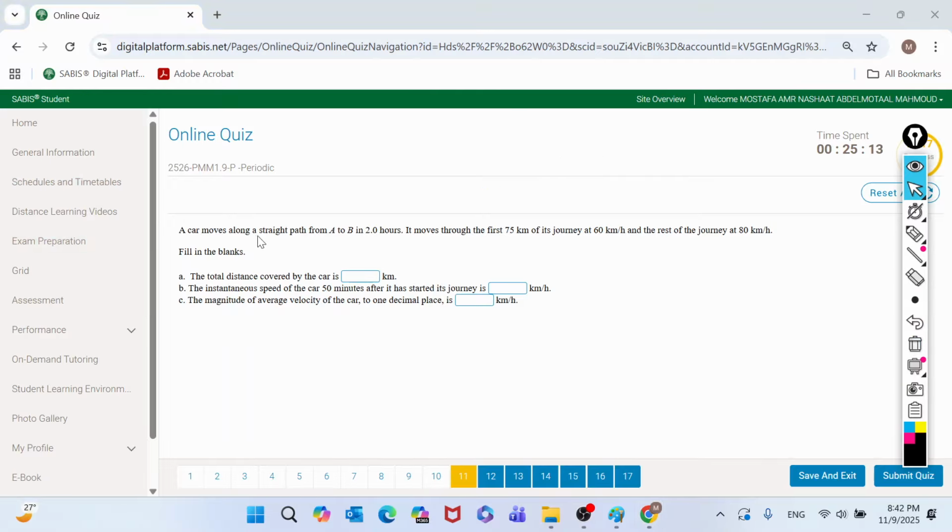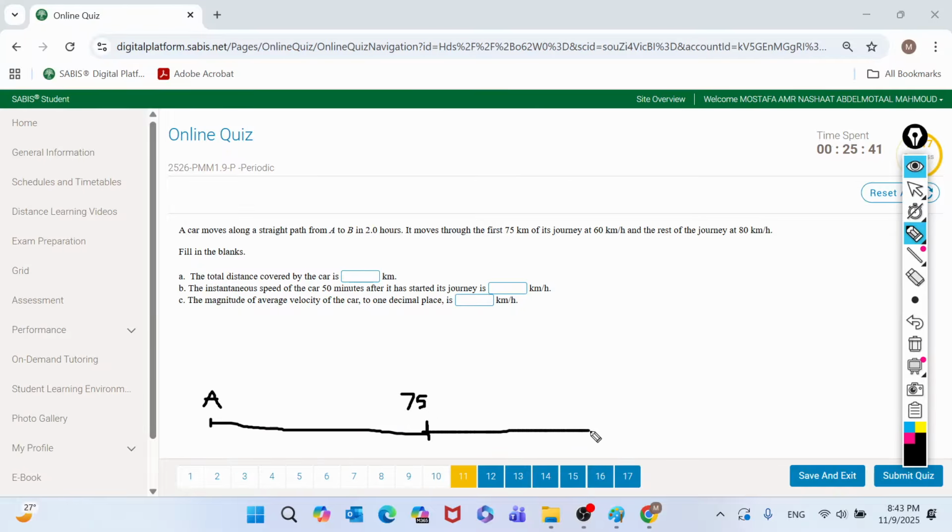A car moves along a straight path from A to B in 2 hours. It moves through the first 75 kilometers of its journey at 60 kilometers per hour and the rest of the journey at 80 kilometers per hour. The total distance covered by the car is, okay. So A, and then it moves 75 kilometers.